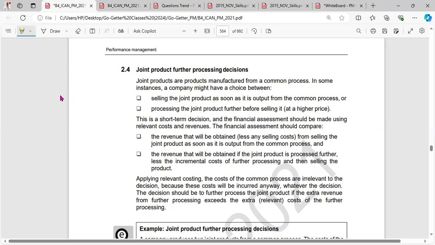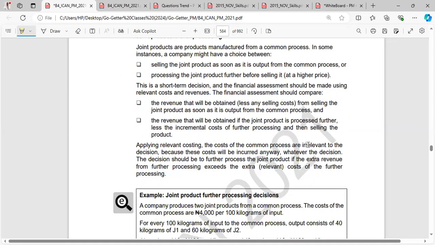So we're going to apply relevant costing. The cost of the common process is irrelevant to the decision because the common cost will always be incurred. It doesn't matter. The common cost that is common to all of them is irrelevant because it will be incurred one way or the other.